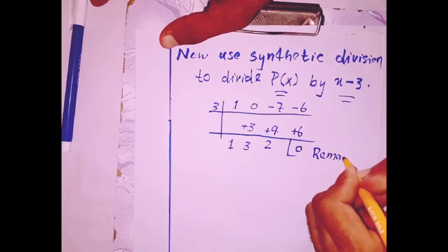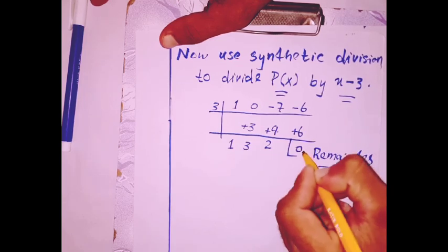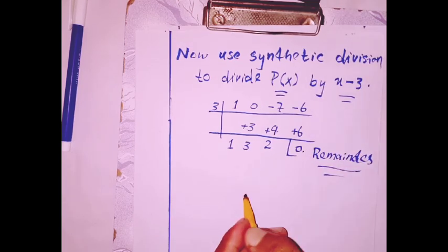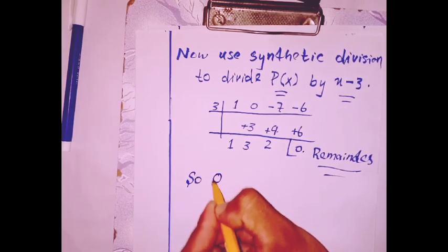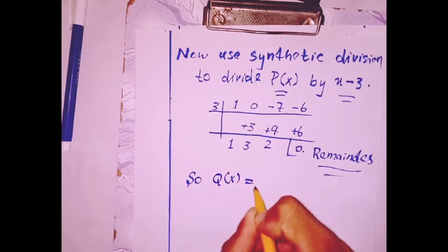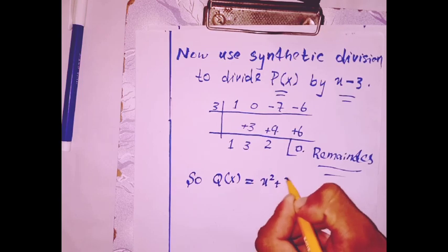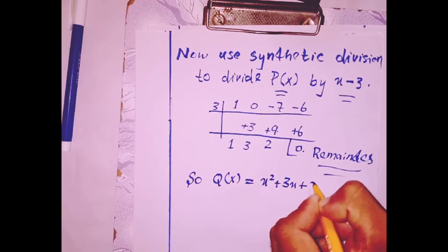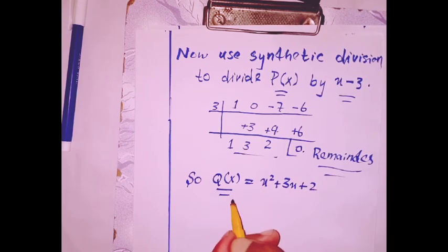So the quotient q of x is equal to x squared plus 3x plus 2.